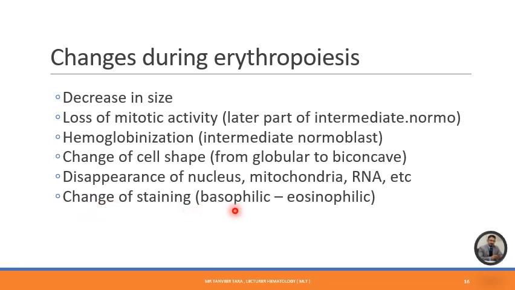If you look, the first cell is completely basophilic, and that's why it's known as the basophilic erythroblast, and then it goes to eosinophilic or purplish or pinkish color, like reddish color. So these are the changes during erythropoiesis, and I hope that you have learned erythropoiesis.